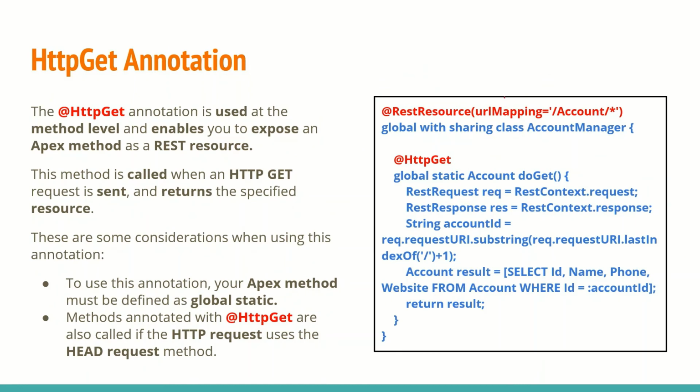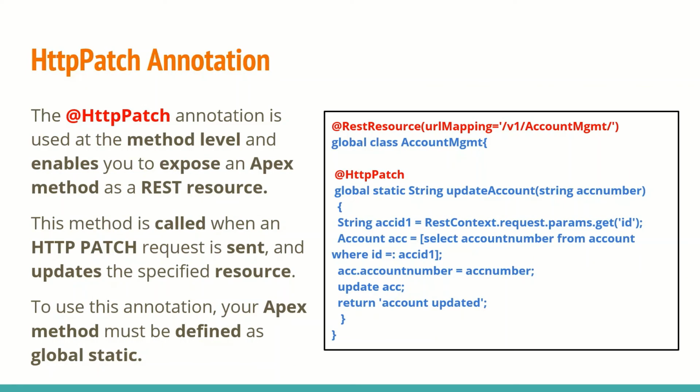In the same manner, when we want to get the information, we have to use @HttpGet, and the HTTP patch annotation is called when a patch request is sent and updates the specified resource. So when we want to update anything, we use @HttpPatch, and all these REST annotations we can use if that particular class is defined as global.